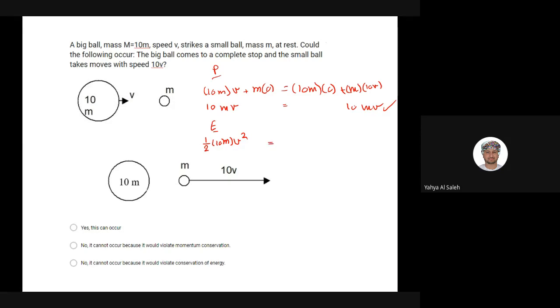Finally, I will have half m times 10v squared. Okay, so this is 10 over 2 v squared, which is 5mv squared. And this side, 10 squared is 100, 100 mv squared over 2, which is 50mv squared. Anyone sees a problem here?